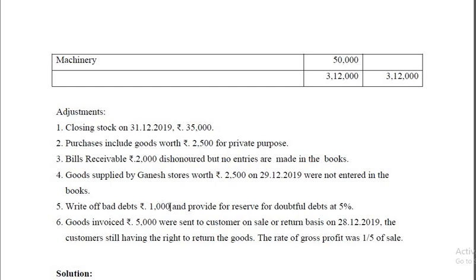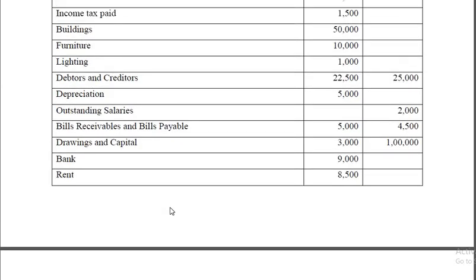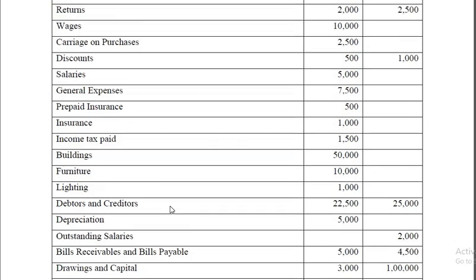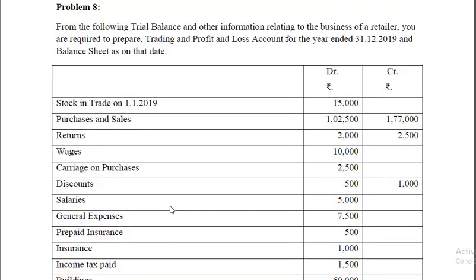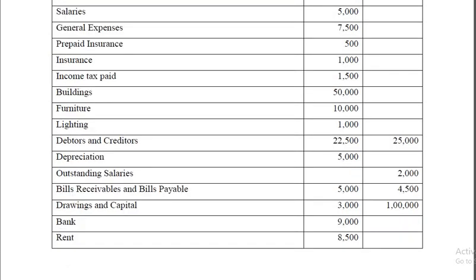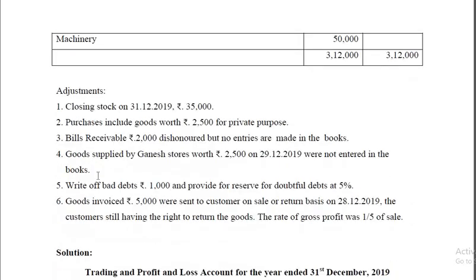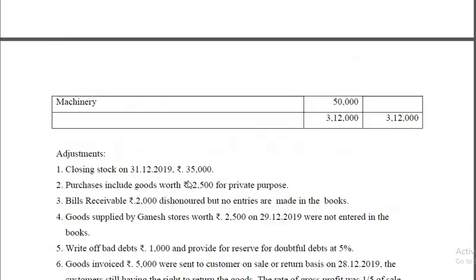Okay, actually bad debts are debited to profit and loss account. Find out whether there are bad debts in the trial balance. If there are bad debts, to that you have to add that. I don't think you find bad debts in the trial balance. So it should be debited to profit and loss account, and again in the balance sheet it should be deducted.